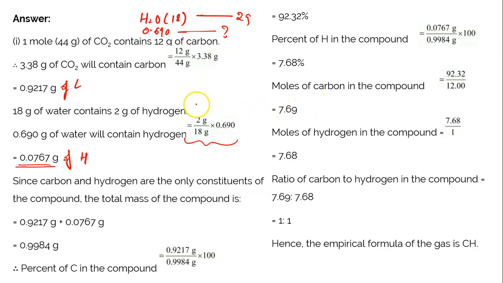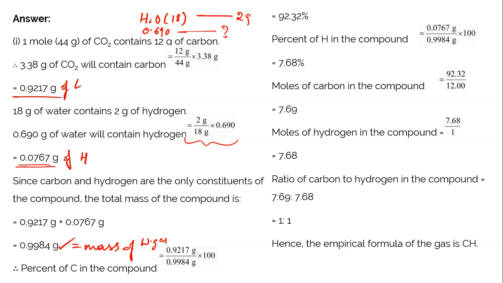So now if your products were 0.690 and 3.38 grams each, from the product composition you have calculated the mass of carbon and mass of hydrogen. So sum the mass of carbon and mass of hydrogen to understand the total mass of your reactant, which is nothing but welding gas. This is the total mass of welding gas. Fine. So what did you calculate now? From the products and the weights of the products, you have calculated the total mass of the welding gas.